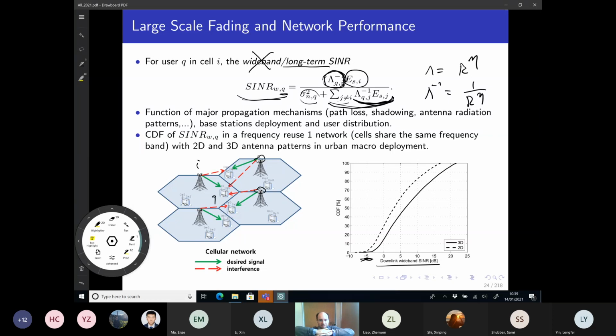So instead of blasting energy horizontally, you orient them a little bit more towards the ground, and that helps to reduce the interference to the other cells. And by doing this, you see that your CDF is shifted to the right and evolves between -5 and 20-something dB. This can change, it can move a little bit, but this rough idea gives quite reasonable values.